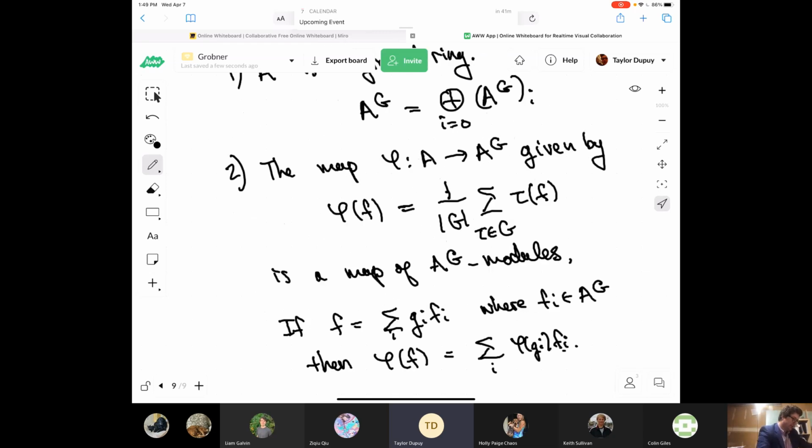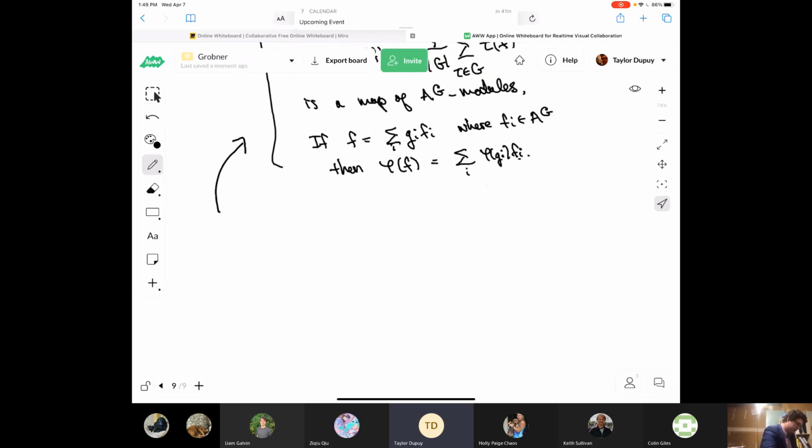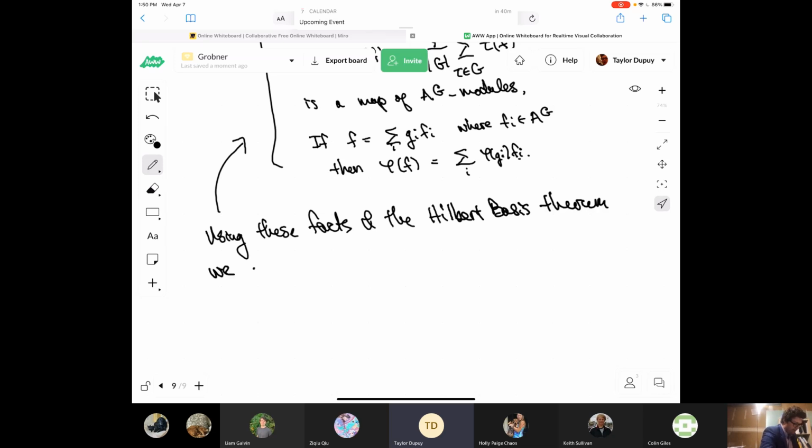Using these two facts and the Hilbert basis theorem, we will prove AG is finitely generated. Okay, so here's the proof.